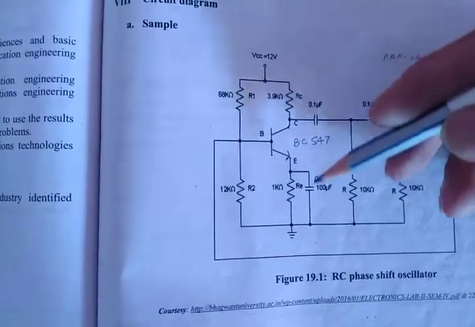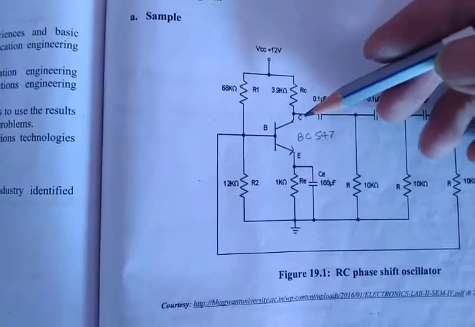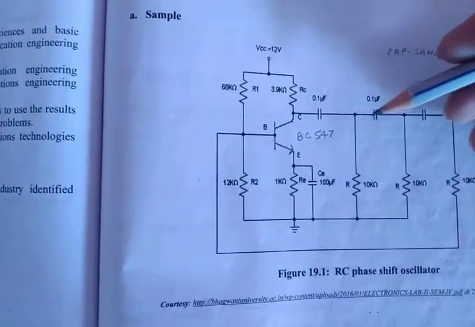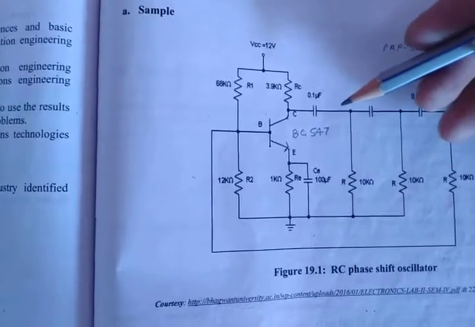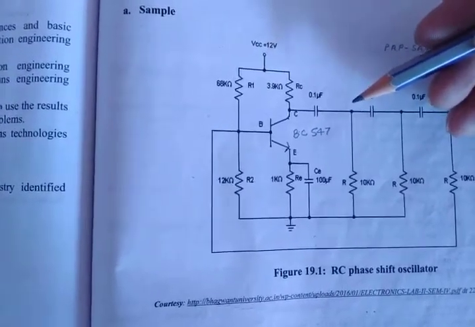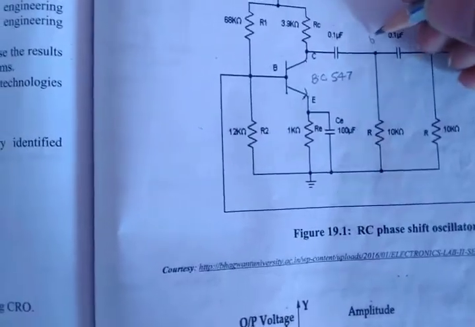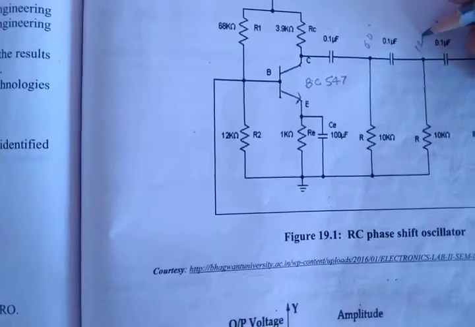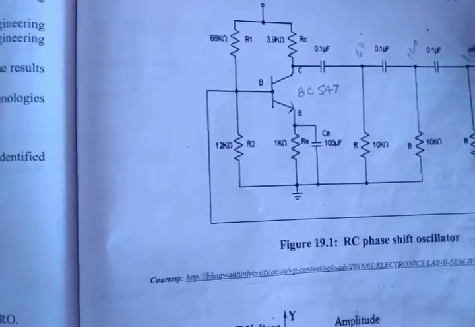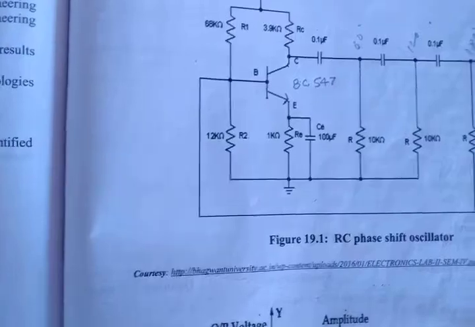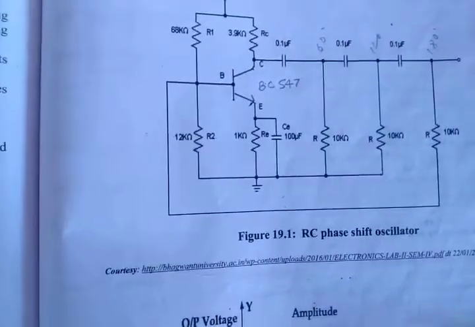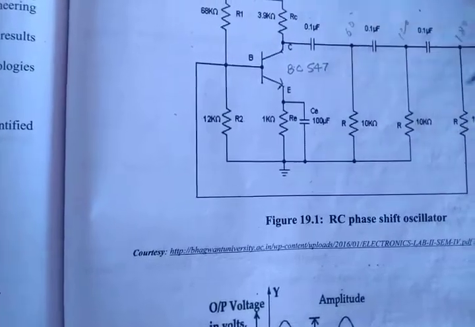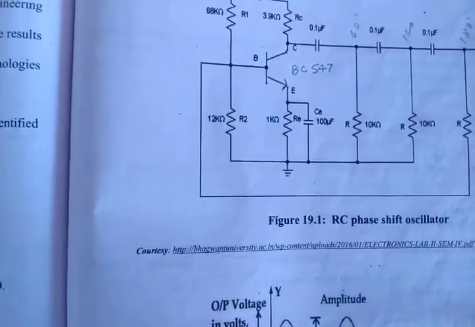Because the CE configuration is producing a 180 degree phase shift with respect to the base, and each section of the RC network is producing a phase shift of 60 degrees. So 60 degrees here, another 60 degrees means 120 degrees, and the third stage will be 180 degrees. So a total of 180 degree phase shift is done by the phase shift network, or the feedback network.